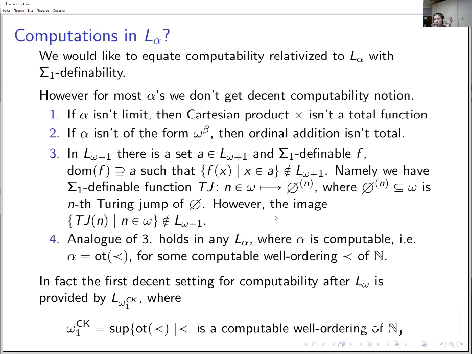Yeah, so basically the idea, this example would be more or less the same, but rather than taking this n-th iterate of Turing jumps, we need to take some transfinite Turing jumps.